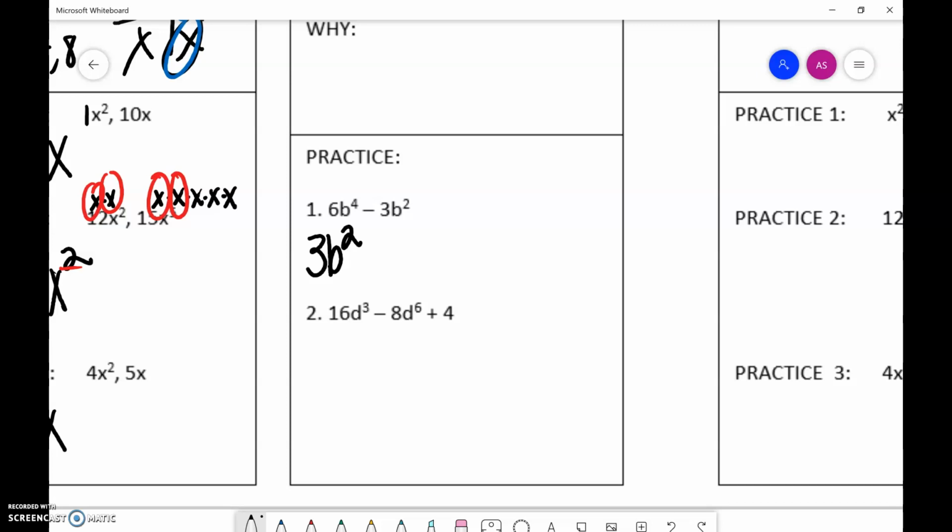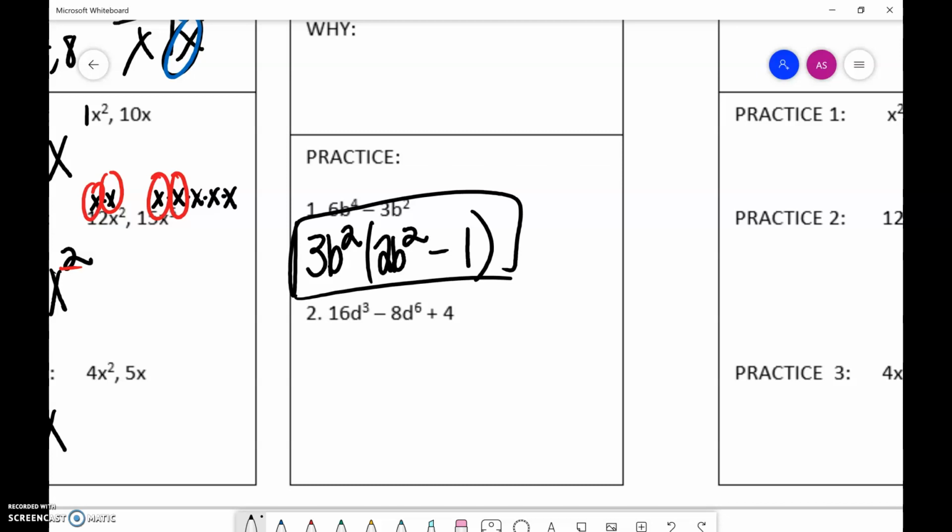What happens if you do that is you're not factoring out the greatest common factor, just a common factor, and it won't be simplified all the way. So I have 3b squared times what will give me 6b to the 4th? That's 2b to the 2nd power. And 3b squared times what will give me negative 3b squared? It's going to be negative 1, and that's your answer.